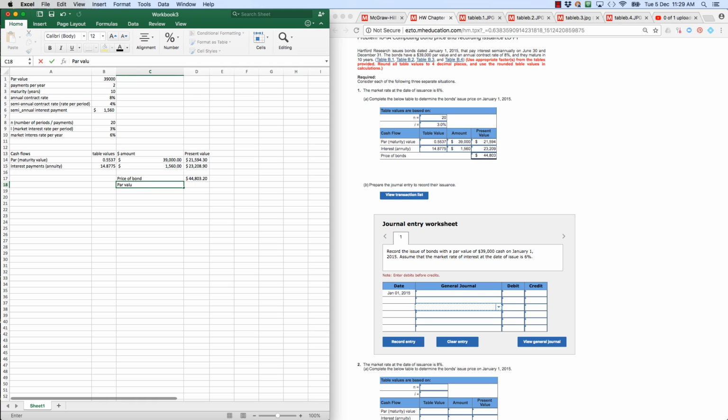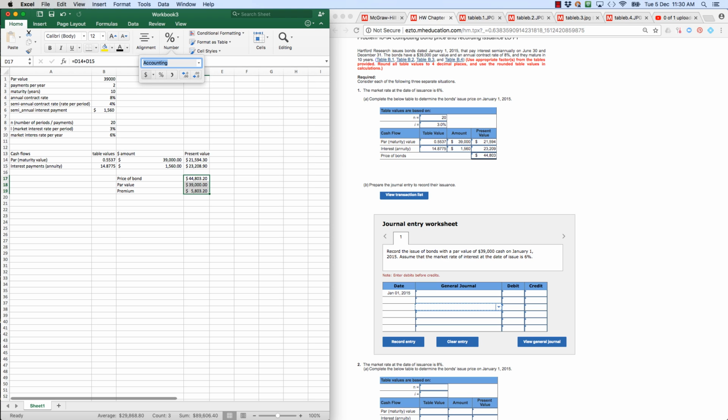We've got the par value of the bonds, which is $39,000. And then we have the bond premium. And that's the amount that the company gets that's over the par value amount that they actually don't have to pay back, which is why we record it separately, because it's not part of bonds payable, because they just get to keep it.